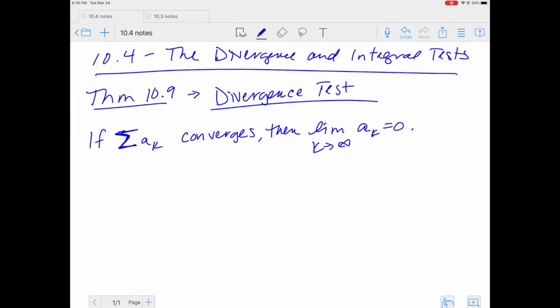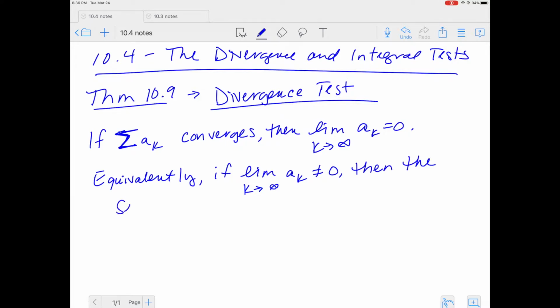Equivalently, if the limit as k approaches infinity of a sub k does not equal 0, then the series diverges. Okay, so that is the divergence test.